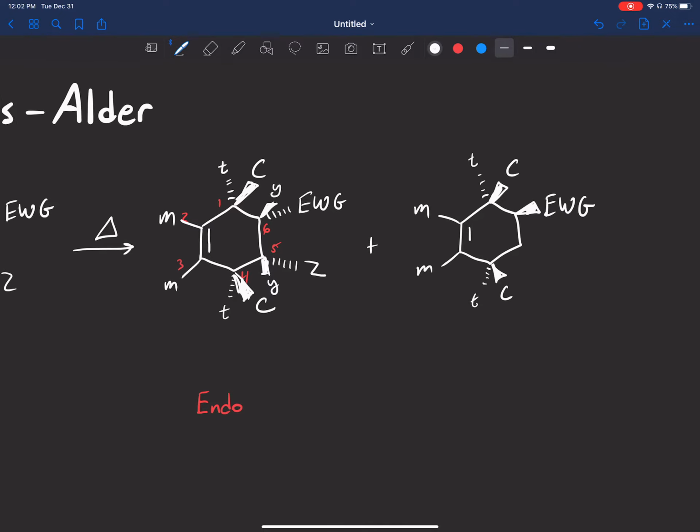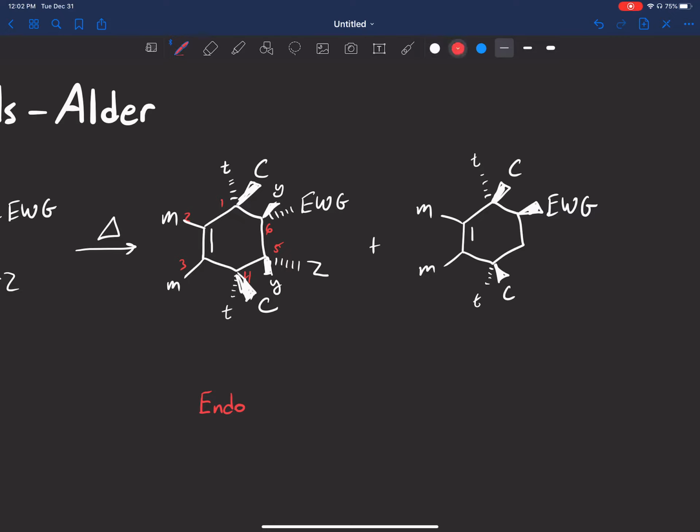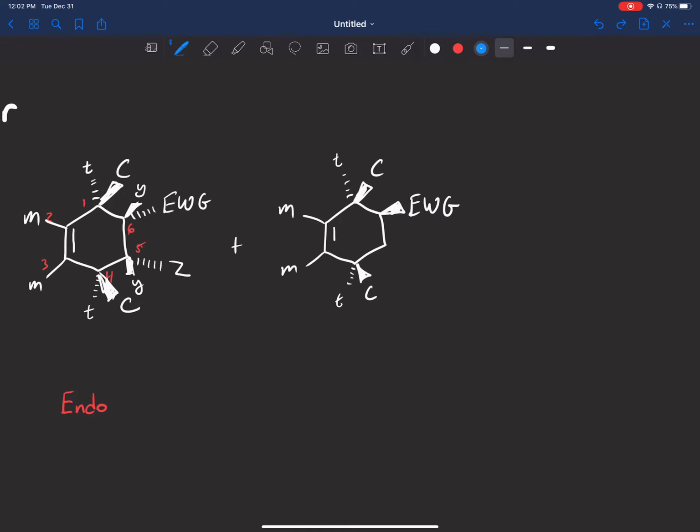All right, so the way we talk about the relationship between the electron withdrawing group and the trans substituents in the endo product is they are cis to each other, same side, right? Dashed, dashed. These cis groups right here, compared to the EWG, are trans, opposite stereochemistry.